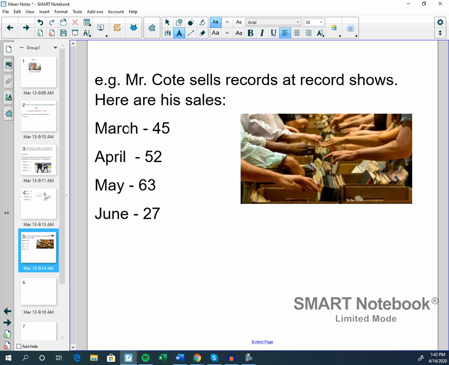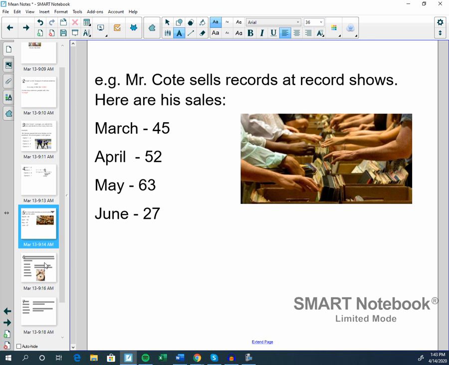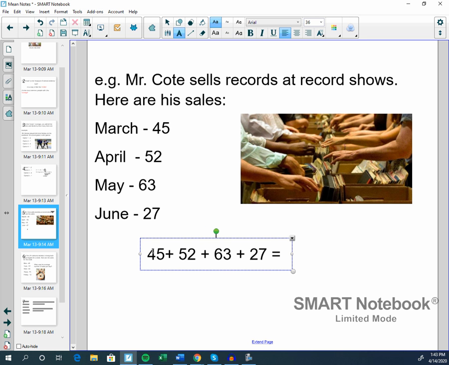Again, how many months do we have? 1, 2, 3, 4. So you're going to add them up and divide by 4. Now I don't have that all done here, so we're going to have to go 45 plus 52 plus 63, plus 27 equals, okay? Notice I'm showing my work here. And now I'm going to have to get my calculator out. 45 plus 52 plus 63 plus 27 is 187, right?